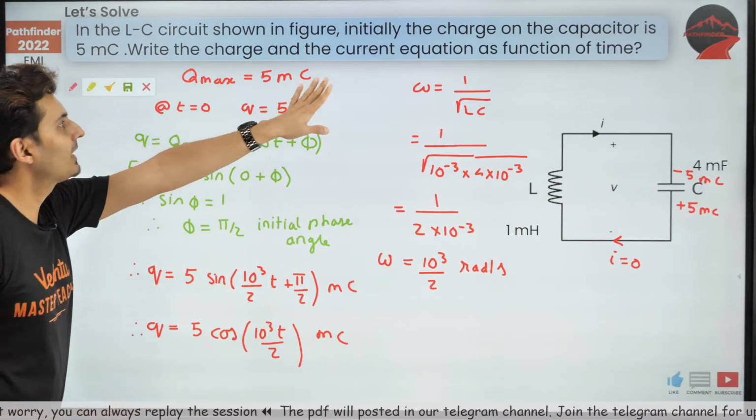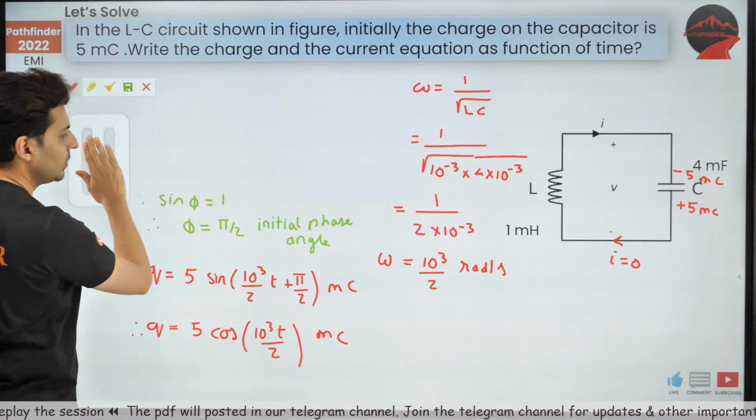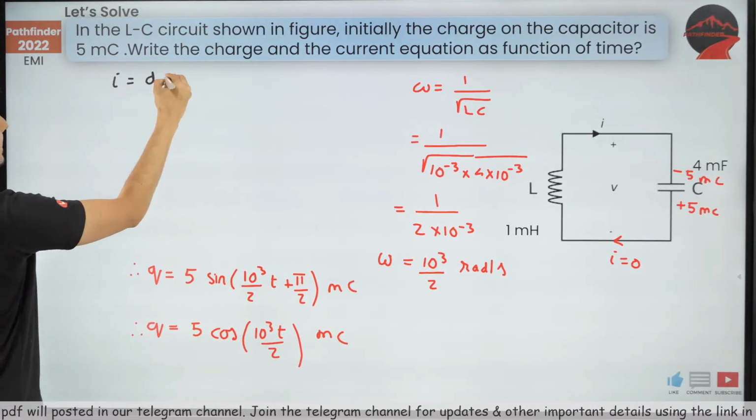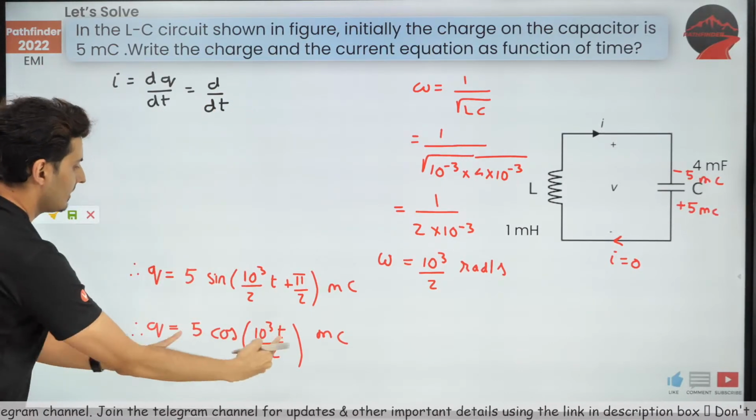Now the only thing left is current. That is also simple. I will probably erase this part, I don't need it anymore. Now the current is dq by dt, so it is the derivative of this.